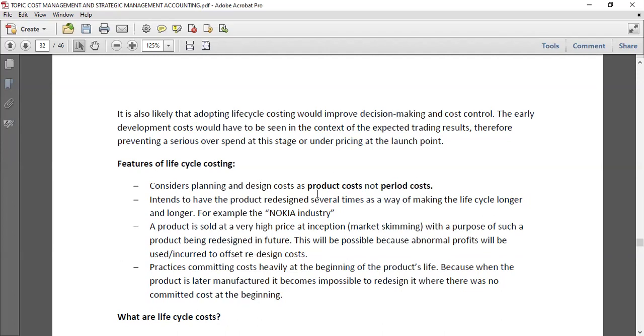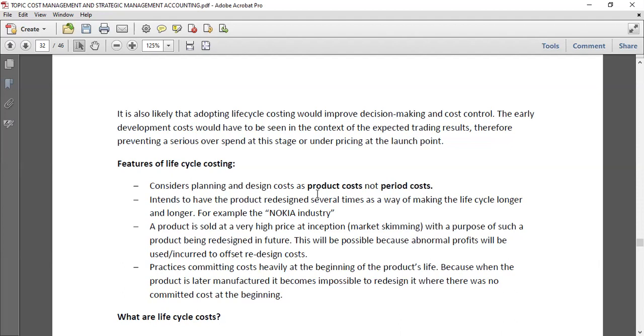So when it comes to life cycle costing, at the start of the life cycle, we have incurred a little higher costs, but this product is still fresh in the market, okay? And why we also adopt market skimming is that at this time, the introduction stage, we actually have less competition, okay? We have few people that are actually competing with us, okay?